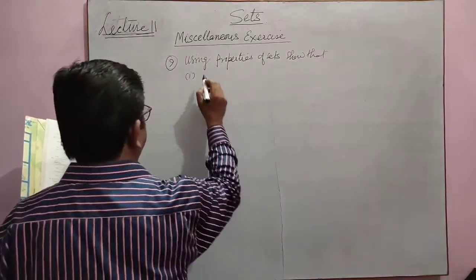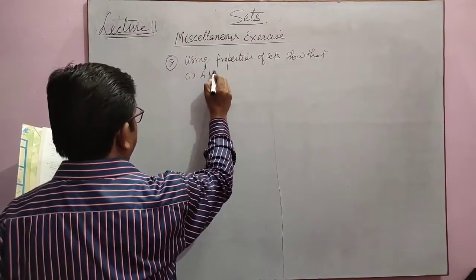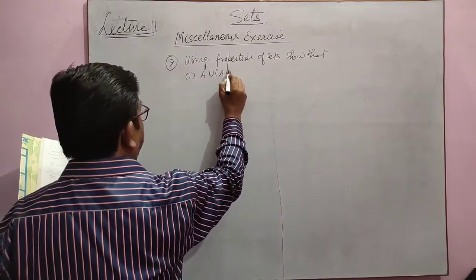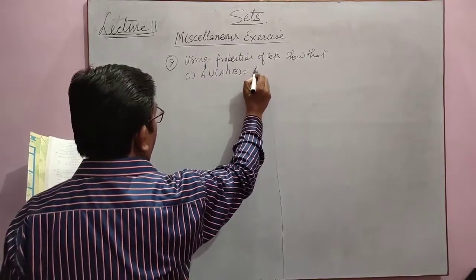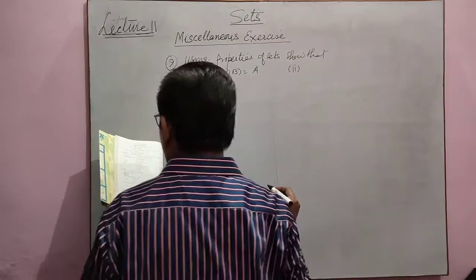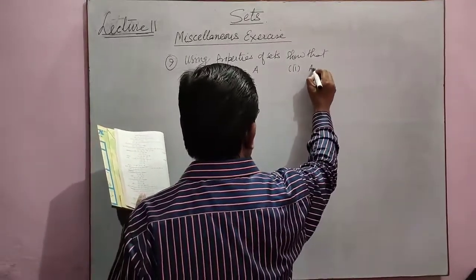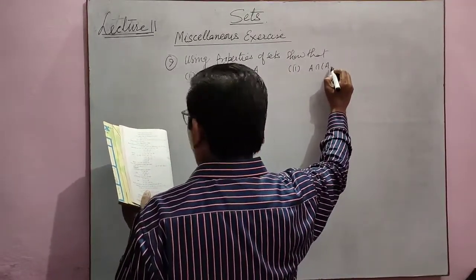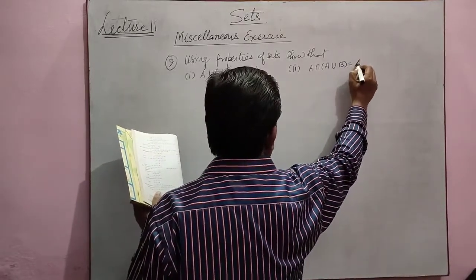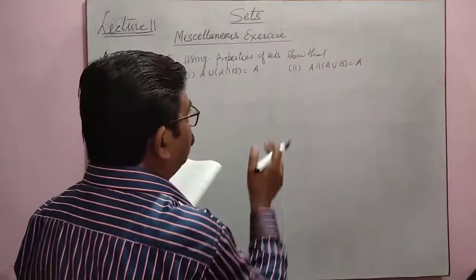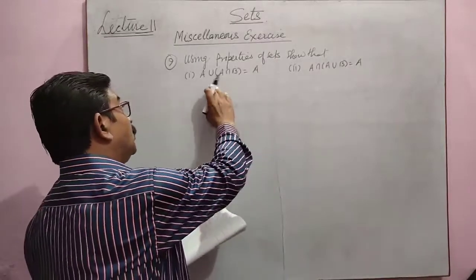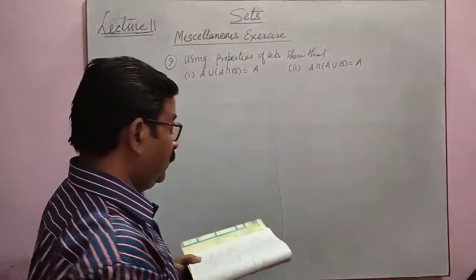We are given A union A intersection B is equal to A. Second part, A intersection A union B is equal to A. So the two questions are same. I am just going to do one part, other part you will write yourself.